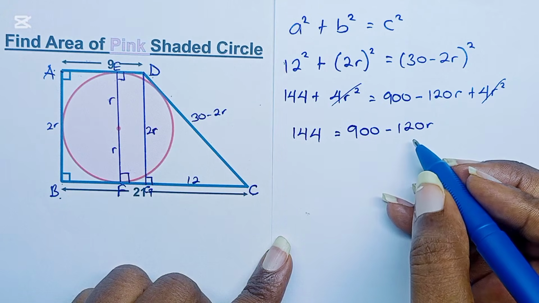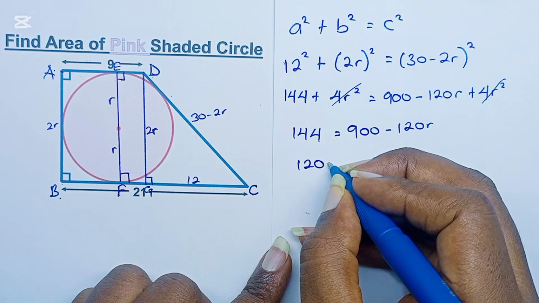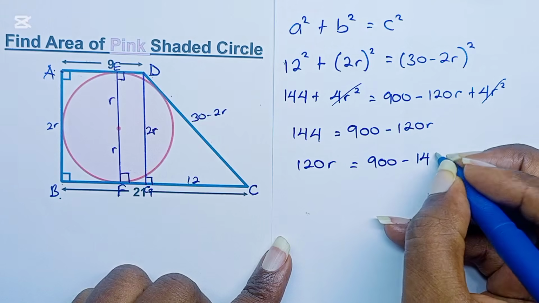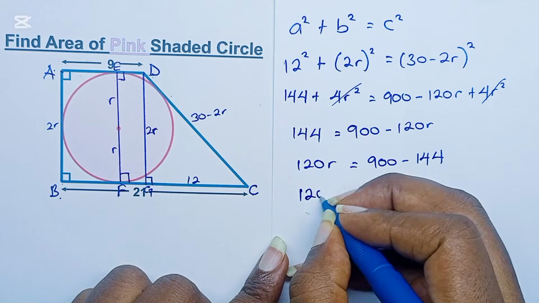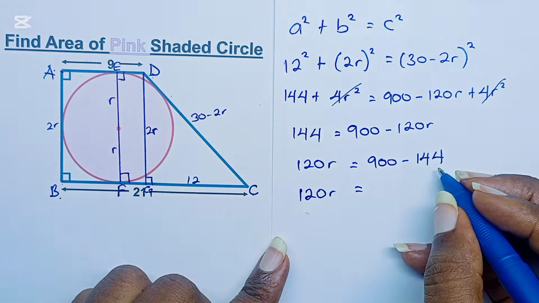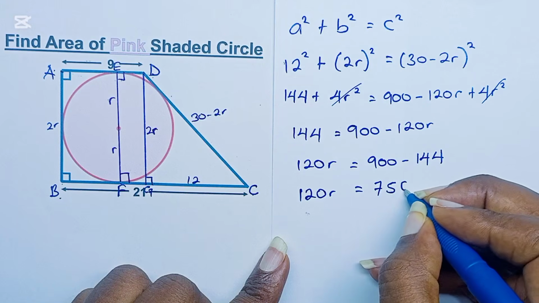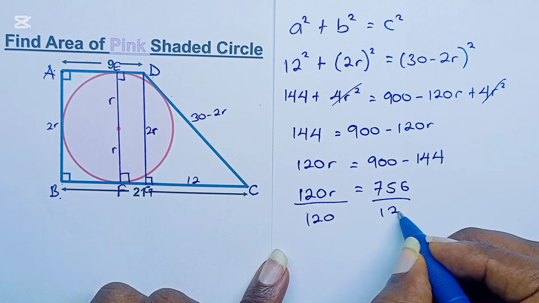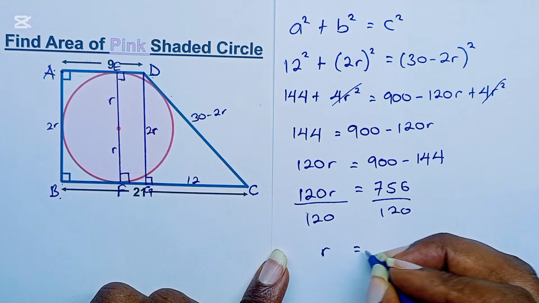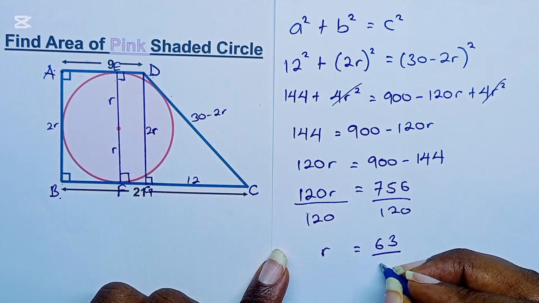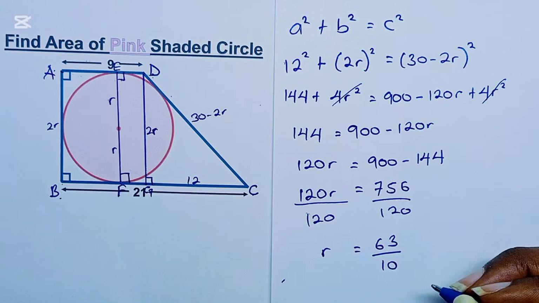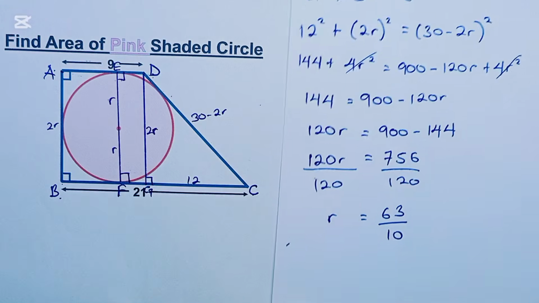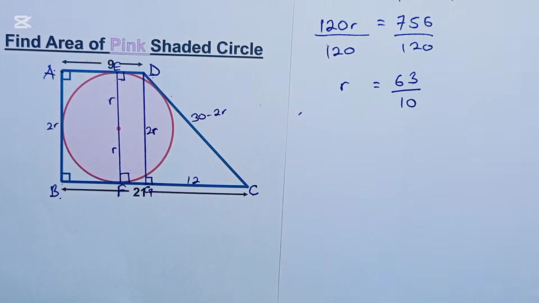We make 120r the subject, so we have 120r is equal to 900 minus 144. This gives us 756. Divide both sides by 120 and r is equal to 63 over 10. So now that we have the value of the radius of the circle, we can now find its area.